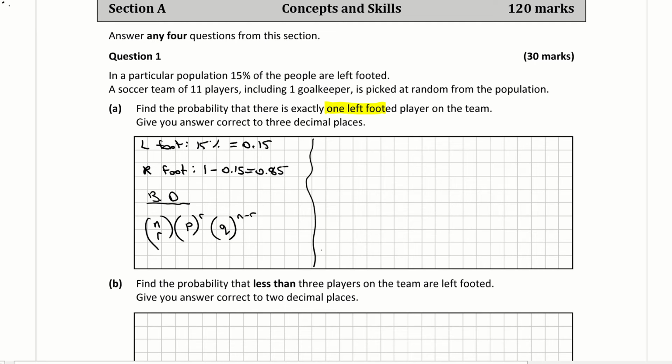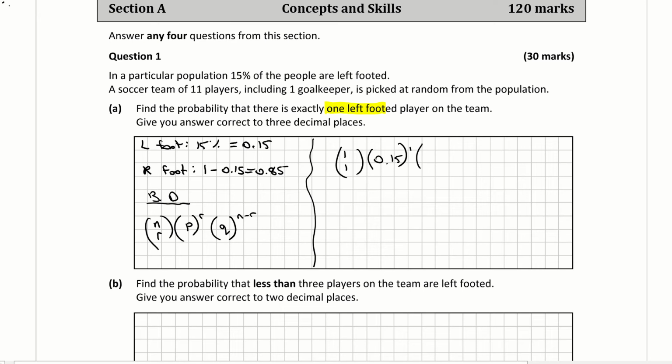So n is the number of trials. How many times are we doing this? Well, I'm only picking one person, so it's going to be 1 choose 1. The probability of success, being left-footed, is 0.15, to the power of 1.